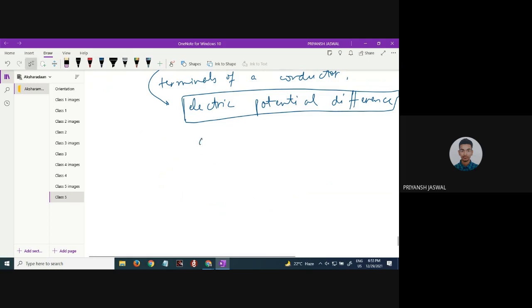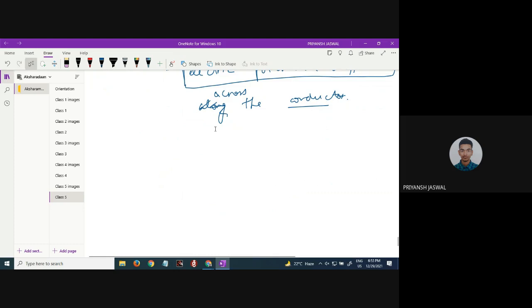Electric potential difference along the conductor, or you can say across the conductor. And this electric potential difference is produced by batteries, which make the electrons flow from one point to another.